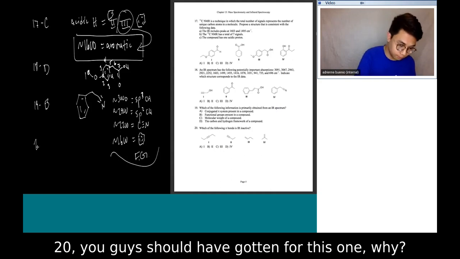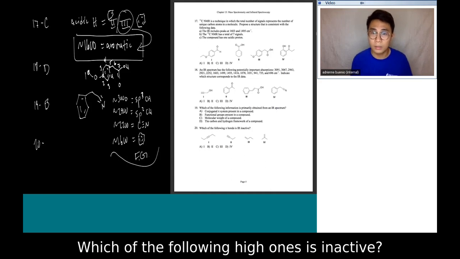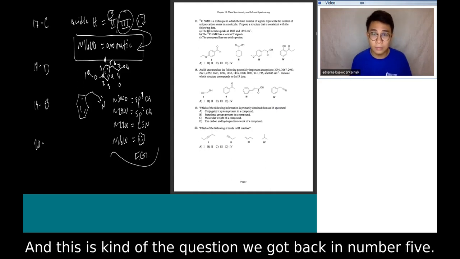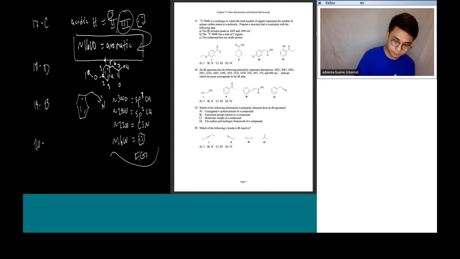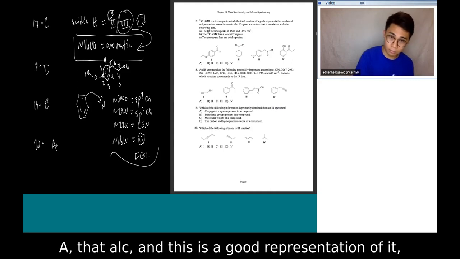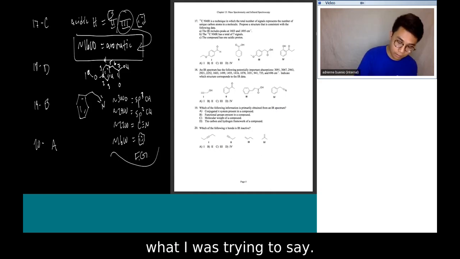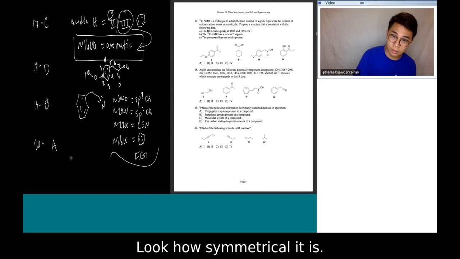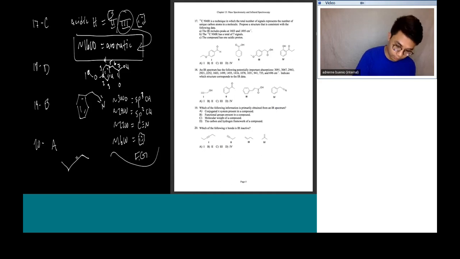20. You guys should have gone for this one. Why we should have found pi bonds is inactive, and this is kind of the question we got back in number 5, right? A, that alkyne, and this is a good representation of what I was trying to say. Look how symmetrical it is, right?